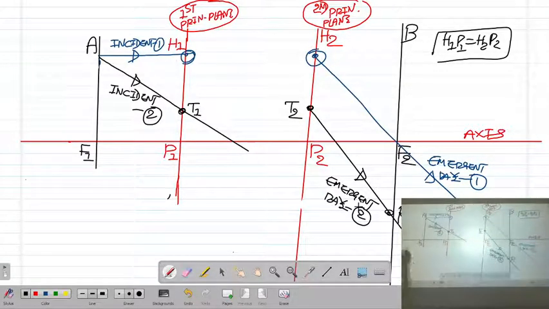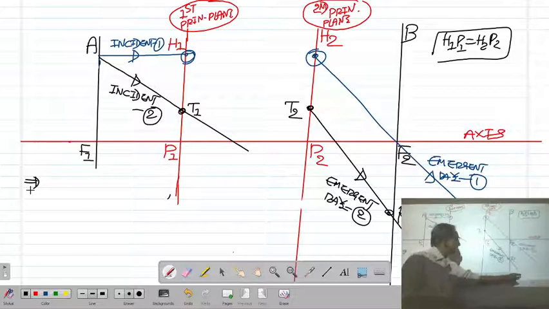So next we write. Let us consider the second incident ray AT1, which is incident on the first principal plane H1P1 at point T1. After refraction, it will emerge out from point T2 in the direction T2R.